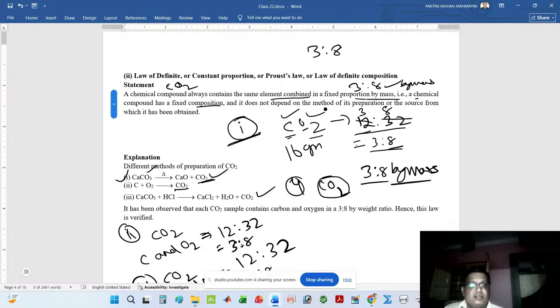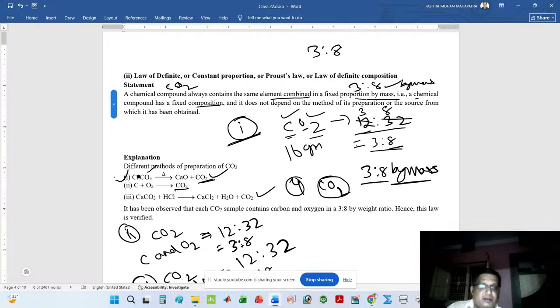Obviously, the composition of carbon dioxide does not depend upon the method used during the preparation. The carbon dioxide always carries one carbon, two oxygen, and maintains the 3 is to 8 ratio.